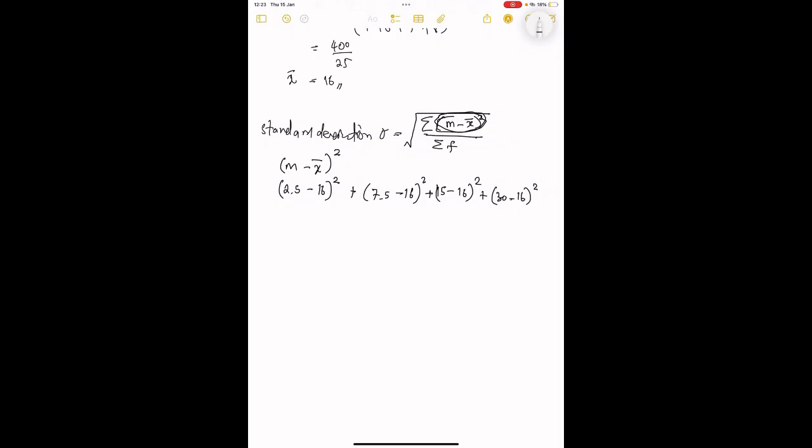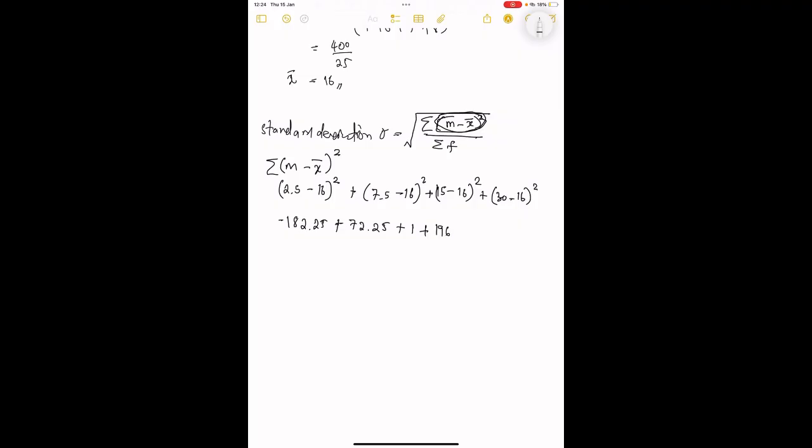Then let's calculate this. 2.5 minus 16 squared, 182.25, plus 7.5 minus 16 squared, 72.25, plus 15 minus 16 squared, 1, plus 30 minus 16 squared, 196.